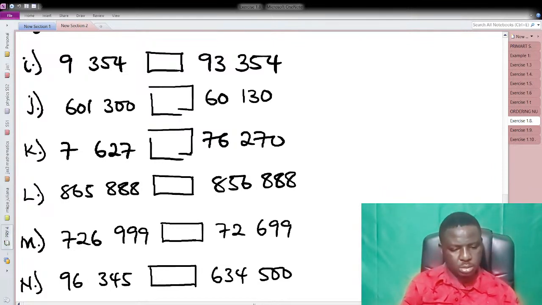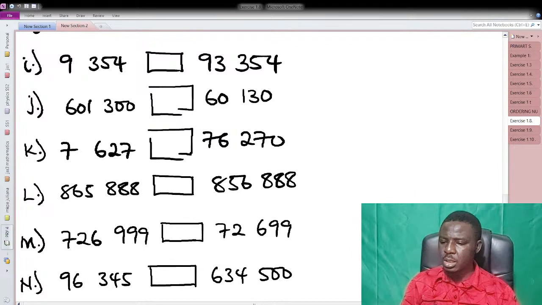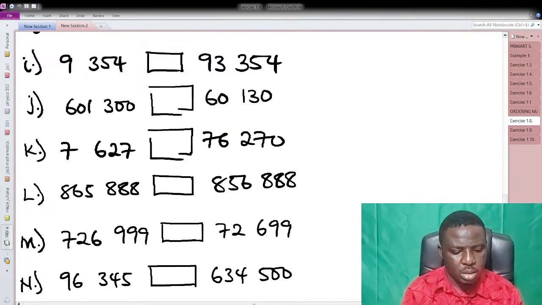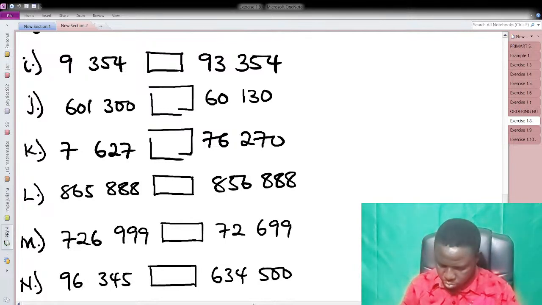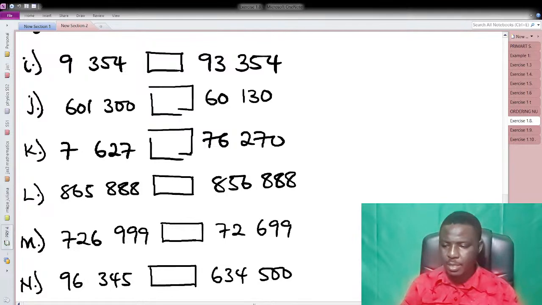L is less than, you said. No, look at L. L is wrong. If you look at the tens of thousands, that's 65,000. 65,000 is greater than 56,000.